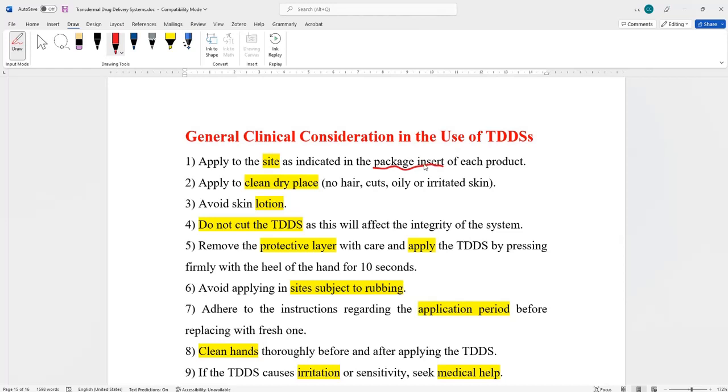If you want to apply it to another site, it might not give you the right results, because the absorption might not be the same as what is written in the leaflet. Also, you should advise the patient to apply it in a clean, dry place, not in a hairy place, or where there are cuts, injuries for the skin, or oil, or maybe the skin is irritated.